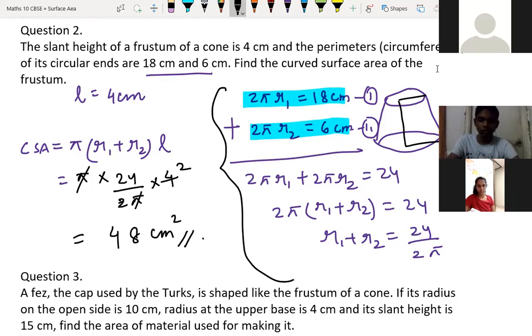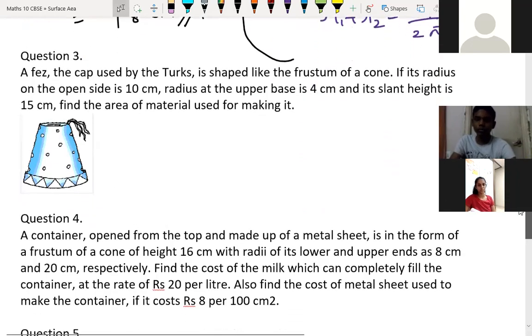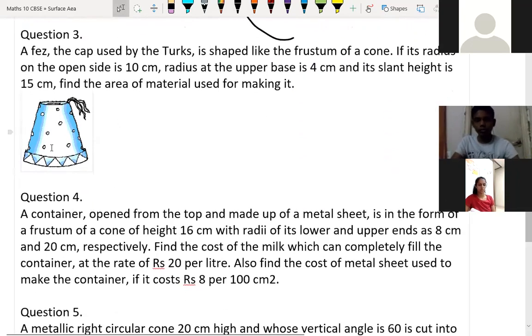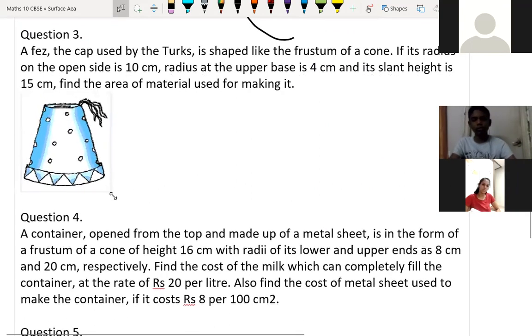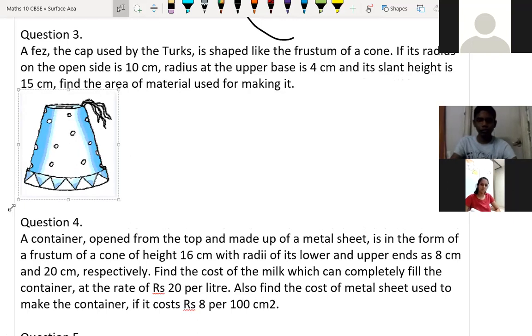So next is question number 3. A fez, the cap used by Turks, is like a frustum of a cone.